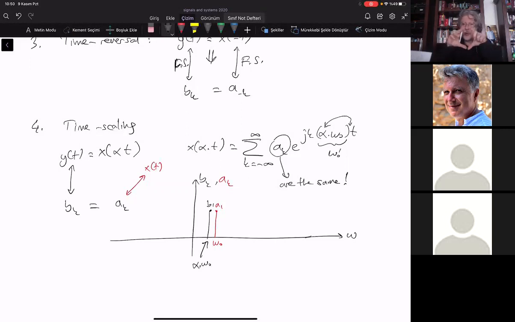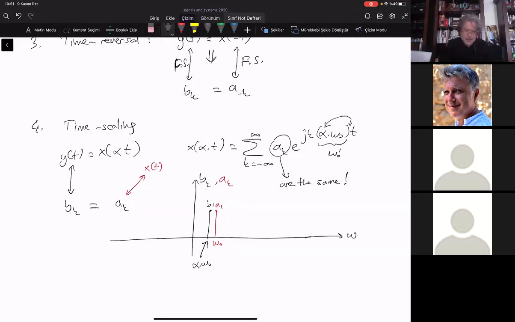But their magnitudes or values are the same. They may be complex, they may be purely imaginary, their values are the same. b1 and a1 in value are the same, but one of them is at omega 0, the other one is at alpha times omega 0. If one of them is at 3 omega 0, the other one will be at 3 times alpha times omega 0. So the frequency axis is scaled, multiplied by alpha. So their positions are different.